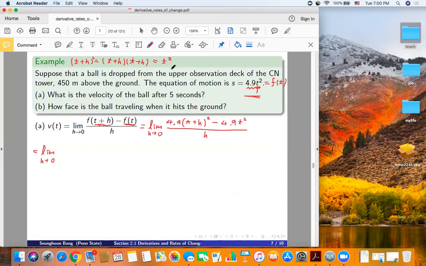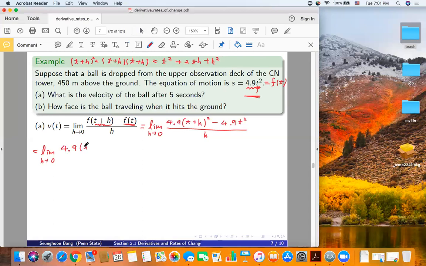Outer, t times h is th. Inner, h times t is th. Outer plus inner, th plus th is 2th. Last, h times h is h squared.